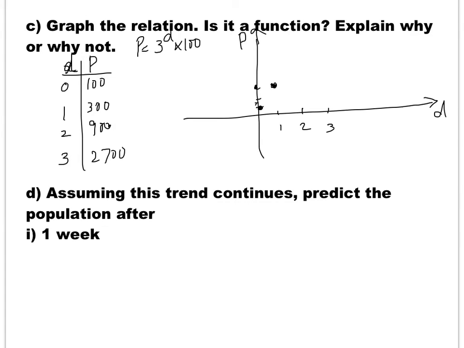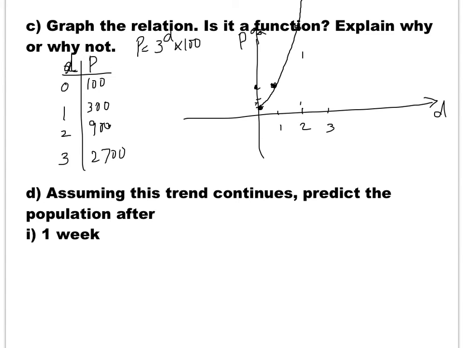Day 2 is going to be 900, so assuming 900 is somewhere around here on the top, we're going to get a point here. Then if we connect them using a smooth curve, we get something like this graph, which represents the graph of p equal 3 exponent d times 100.